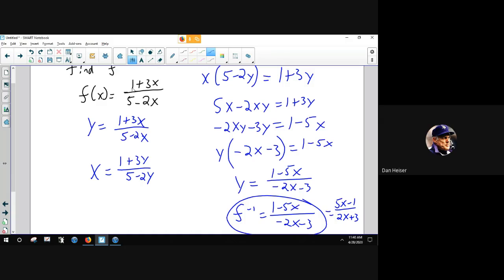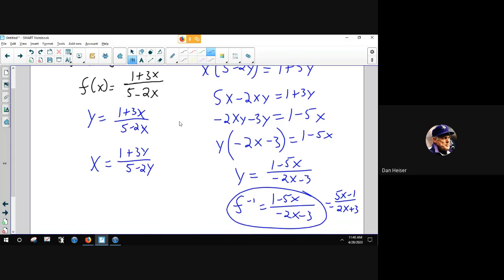Here I have a minus 1. Times 3, I have a 3 in the denominator. 5, that's positive, and that's sort of hidden down here. So there's a lot of subtle differences, but this is the inverse of this. They are inverses.